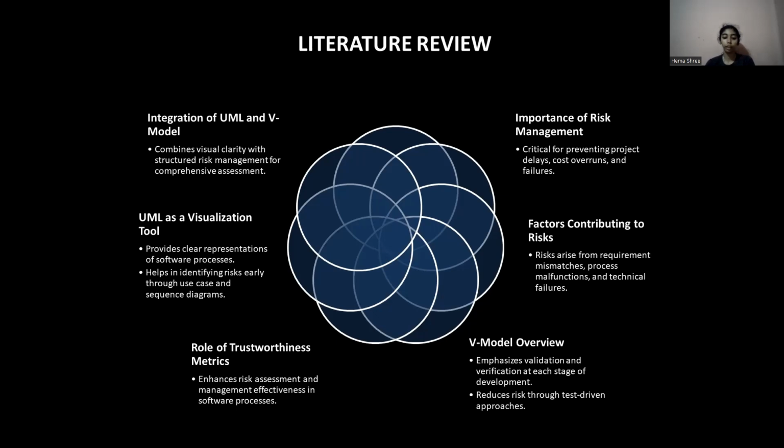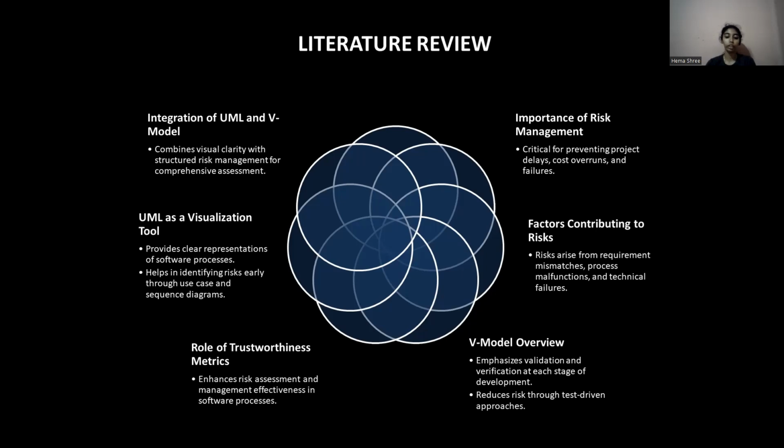Unified Modeling Language has also emerged as a visual tool for visualizing software risks. Several researchers, including Leo and Hu, have shown that UML diagrams such as use case and sequence diagrams can be used to visualize business process and highlight areas prone to risk.